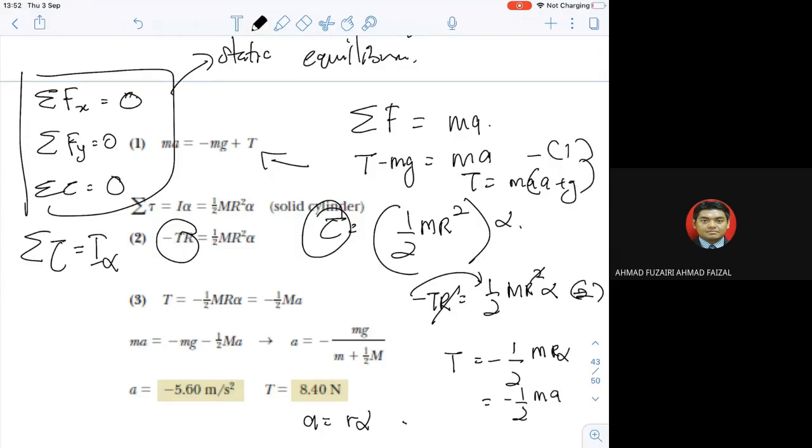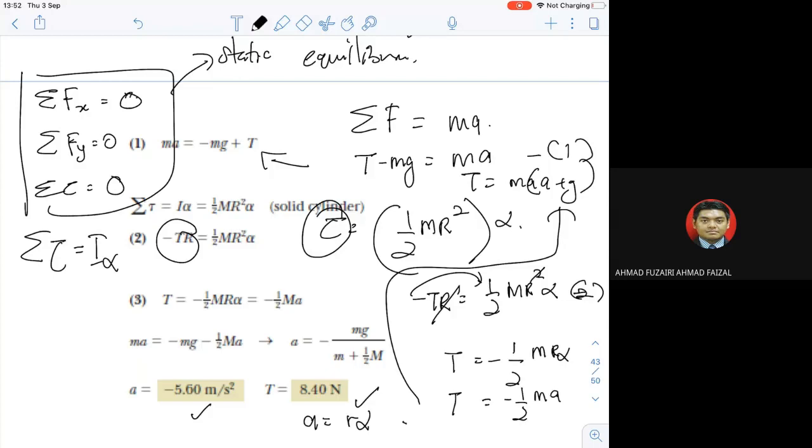Put it into the equation above and simplify with this one. We get A equals negative 5.6 meters per second square and T equals 8.4 Newton.